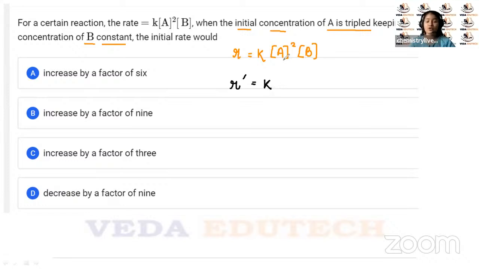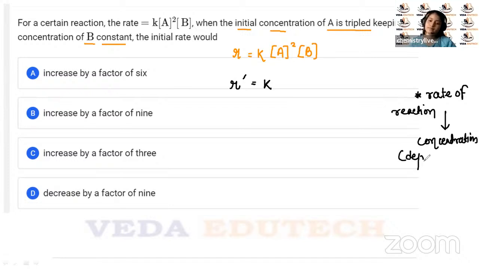K does not change. Okay, one more thing you need to remember: the rate of reaction depends upon concentration. It is dependent. But there is one more thing, that is the K here. What, children? This K is nothing but your rate constant. It is a constant value.